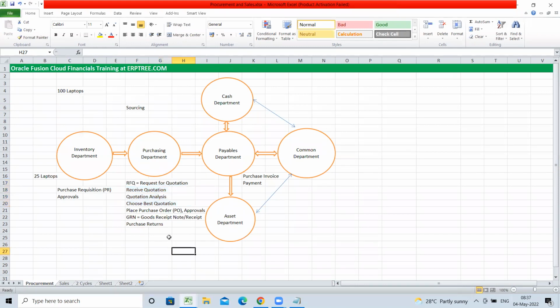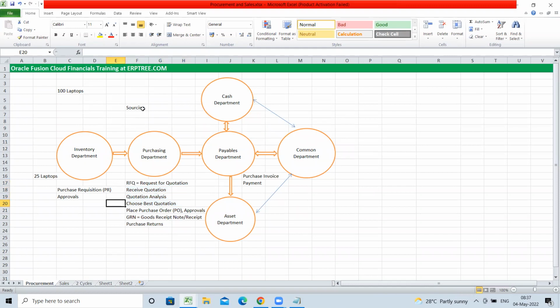Or else the purchasing department can be involved in all these activities. This totally depends on the organization's process, whether they manage those activities with the same department or different departments. But for our understanding, you can take that all this can be done by the purchasing department.